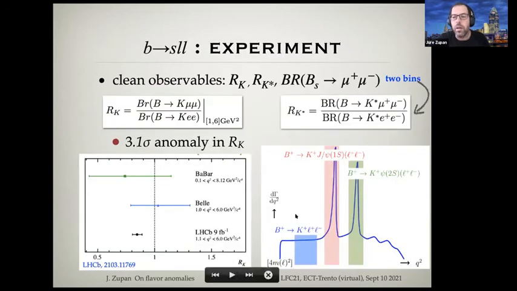The observables that are being probed are either the ratio of B to K transition or B to K star. Both of these are B to S transitions where I have either a pseudoscalar or a vector, or a B sub S to mu+ mu-. All these are theoretically clean, well predicted.